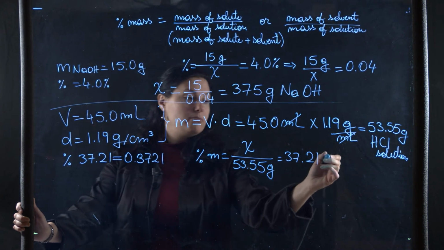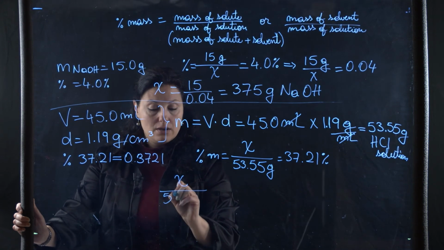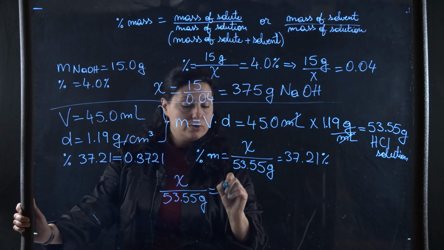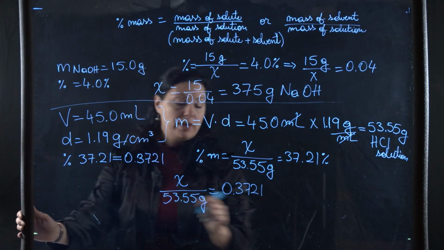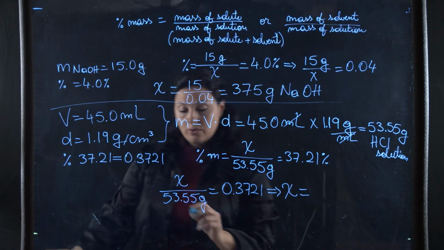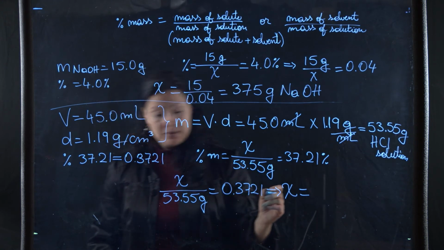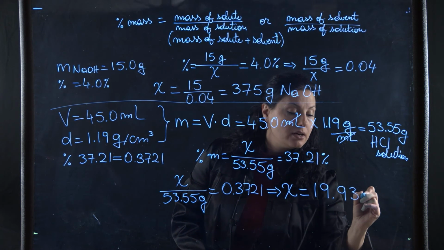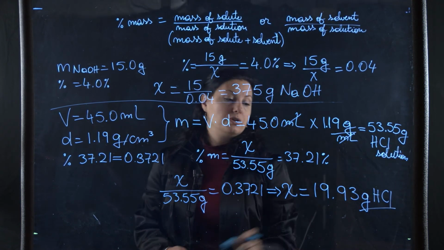Now if I get rid of the percent here, like I did, I get x over 53.55 grams is equal to 0.3721. And to find x, I multiply these two numbers. So x is equal to 53.55 times 0.3721, and that gives me 19.93 grams of HCl as a solute, not as a solution.